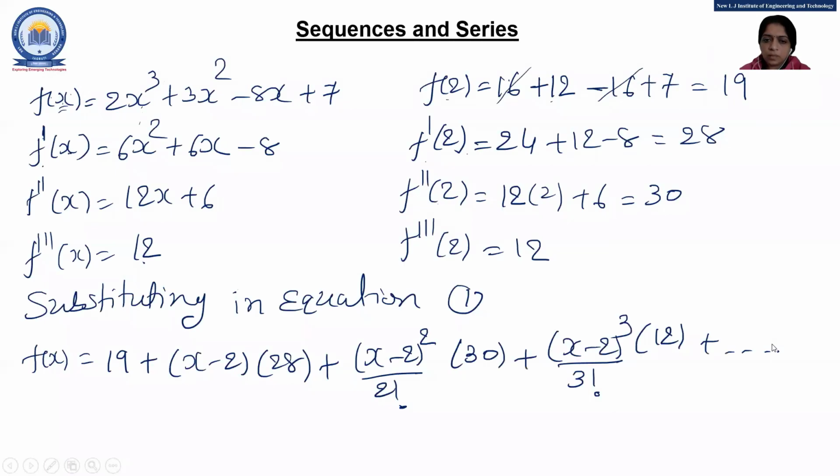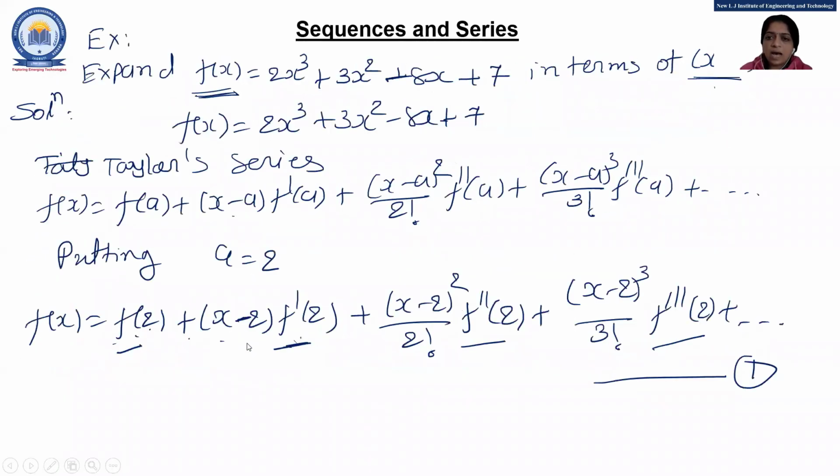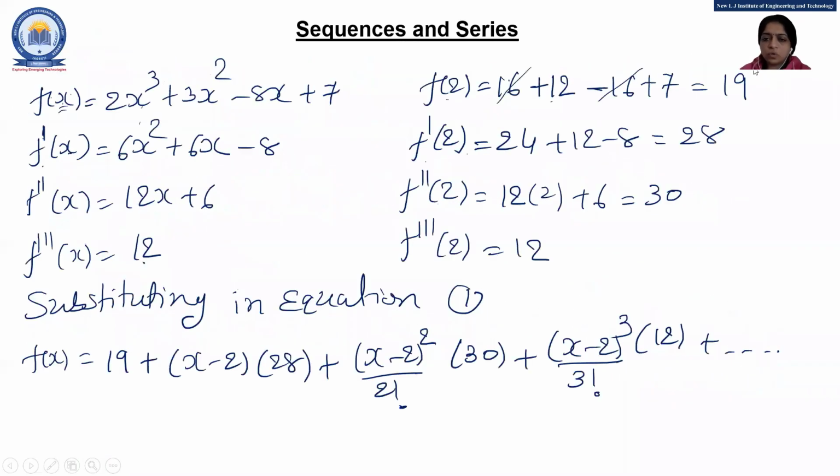Students, listen carefully, as we want our answer in terms of x minus 2, right? So please don't expand this x minus 2 whole square and x minus 2 whole cube. You have to just simplify the numerical values and give your answer, that is 19 plus 28 into x minus 2, which is kept the same.